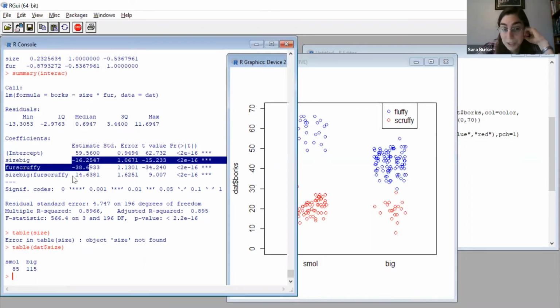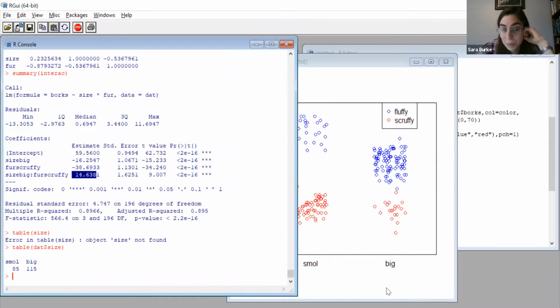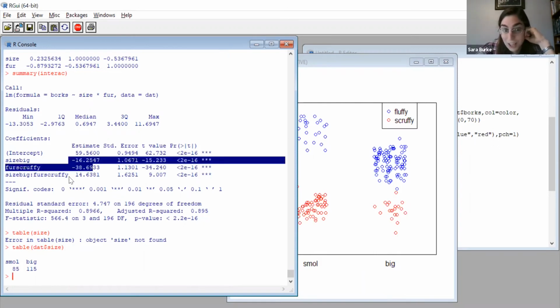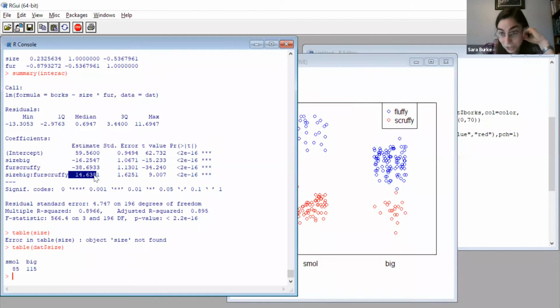How wrong would I be? Well, I would have to go up another 14.6 points to get the right answer. So if I treated these as additive effects, I would have to add in this much in order to get the right answer. That's one way of thinking about it.